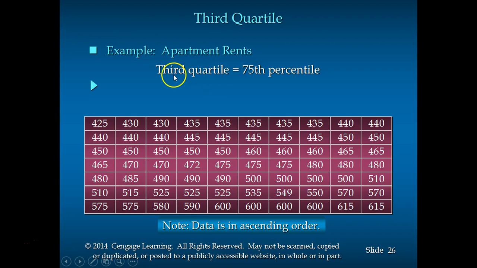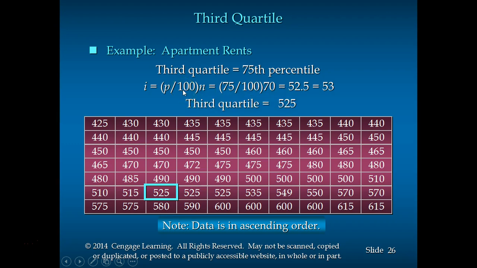Let's see. The third quartile, 75th percentile. In the formula here, you put P as 75 divided by 100, which is 3/4. 3/4 times 70.